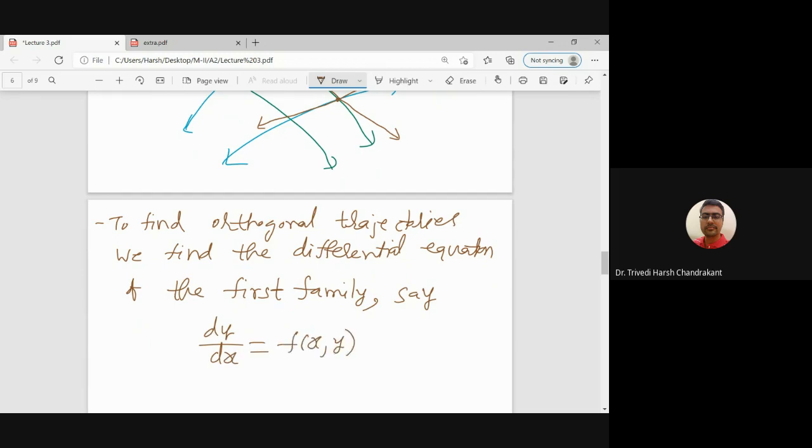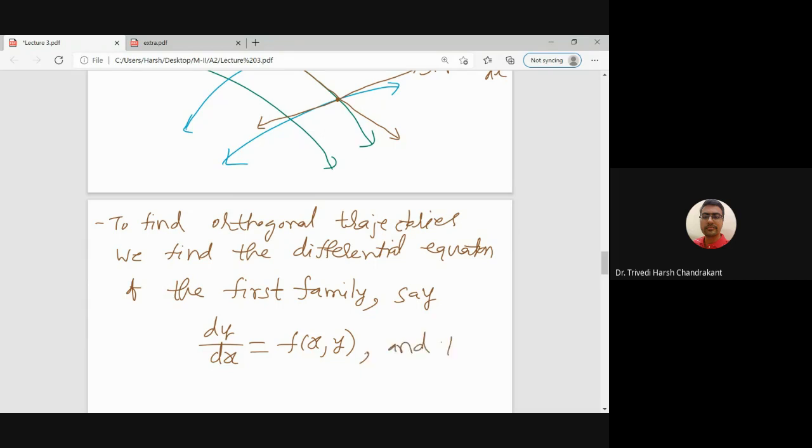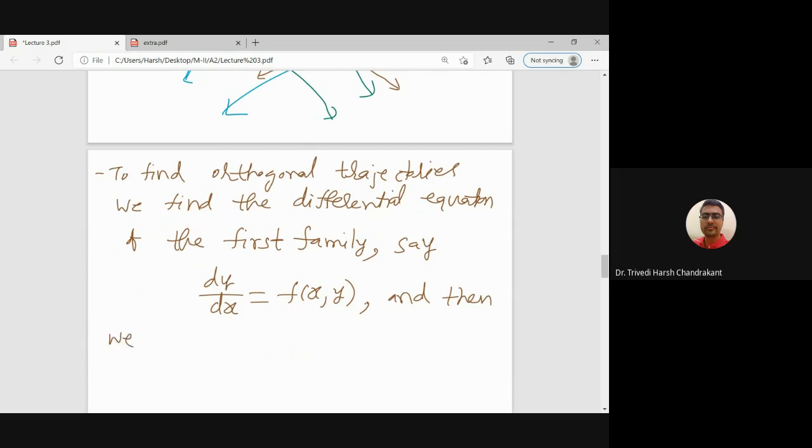So the differential equation we can write in this form: first order differential equation. And then we replace dy by dx by minus 1 upon dy by dx.